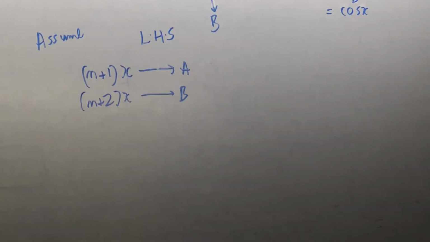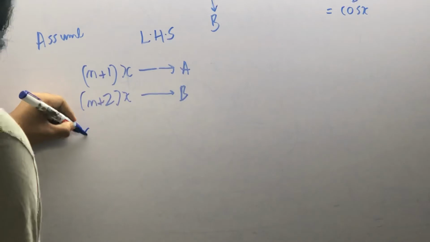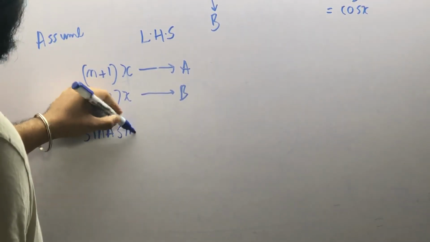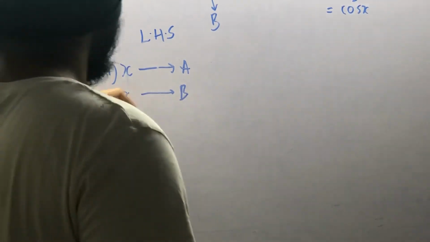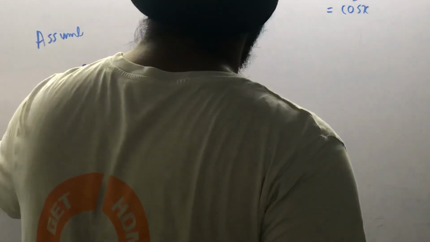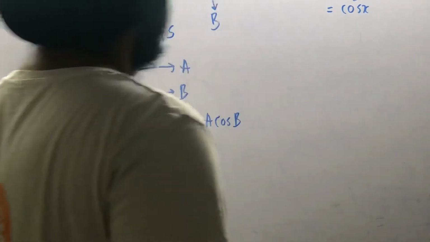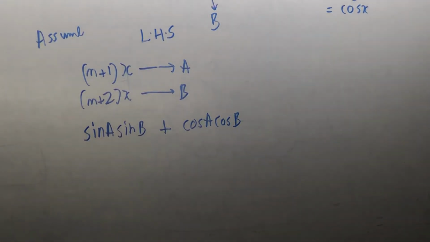Now we will just substitute the values. So sin A sin B plus cos A cos B. This is what it will look like, right? So which identity can you use?